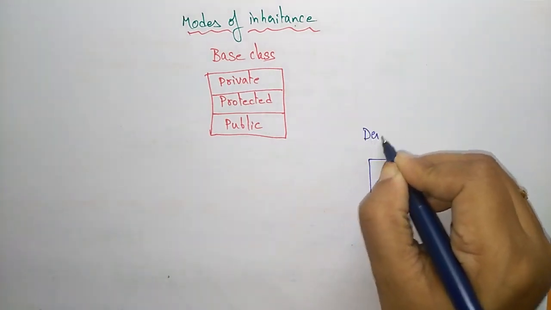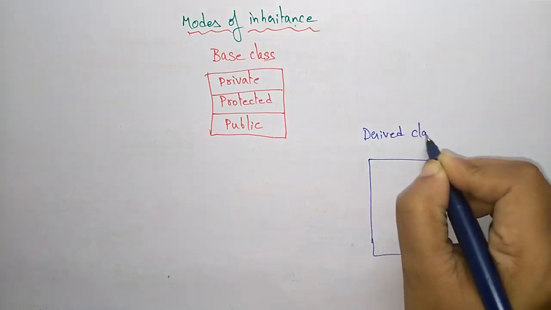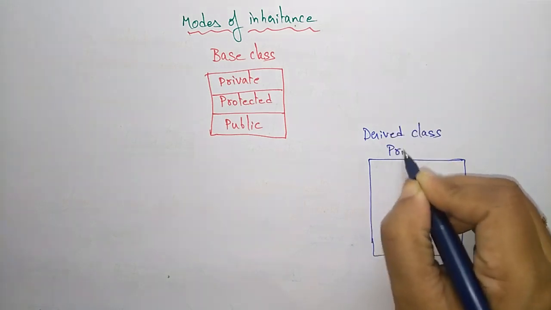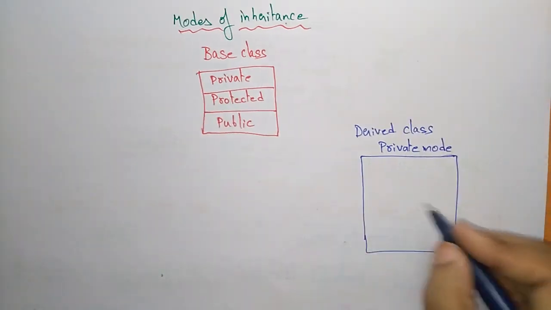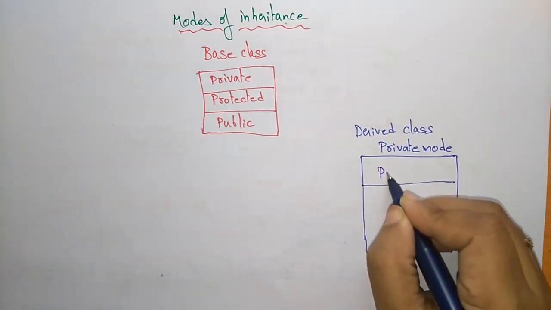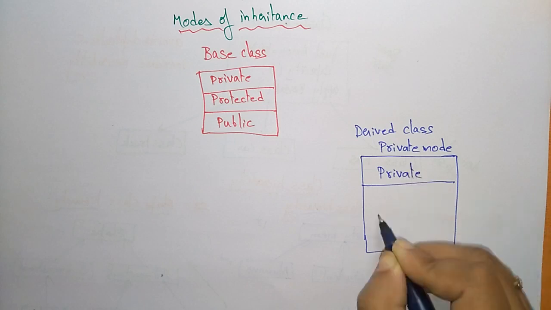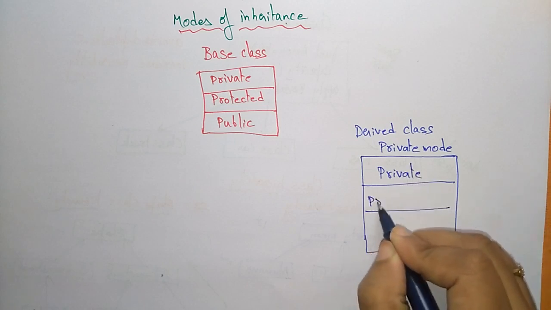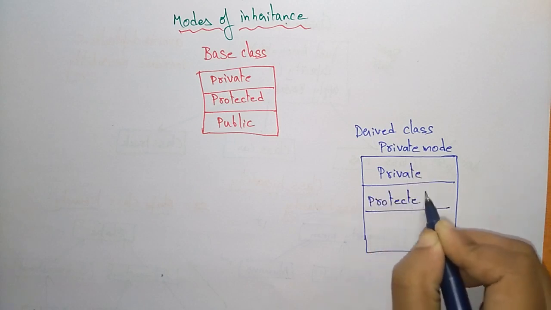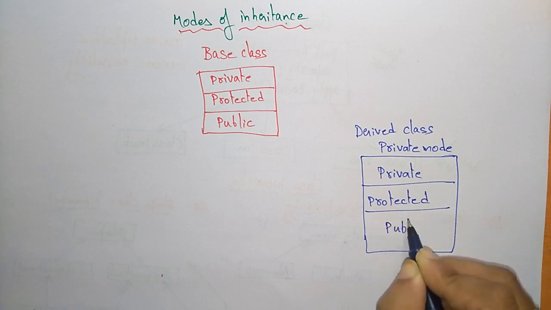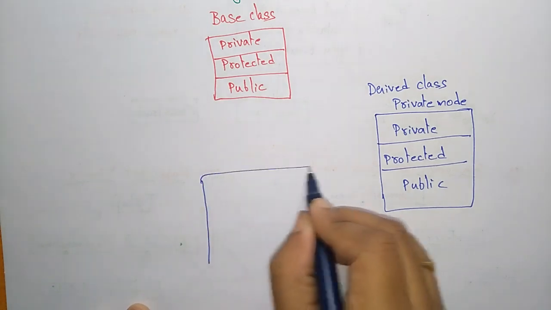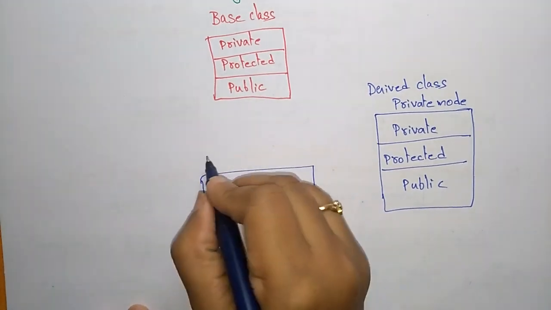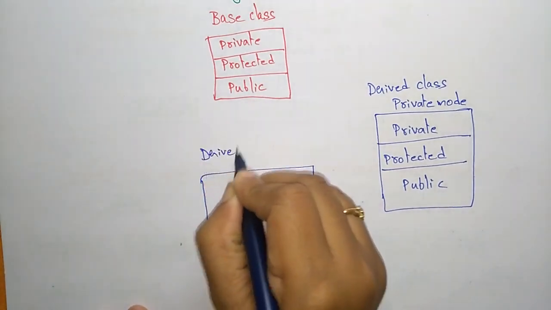So first, this is the derived class, and that derived class is in private mode. Private, protected, public. Okay, I'm taking another derived class. This derived class is in public mode.